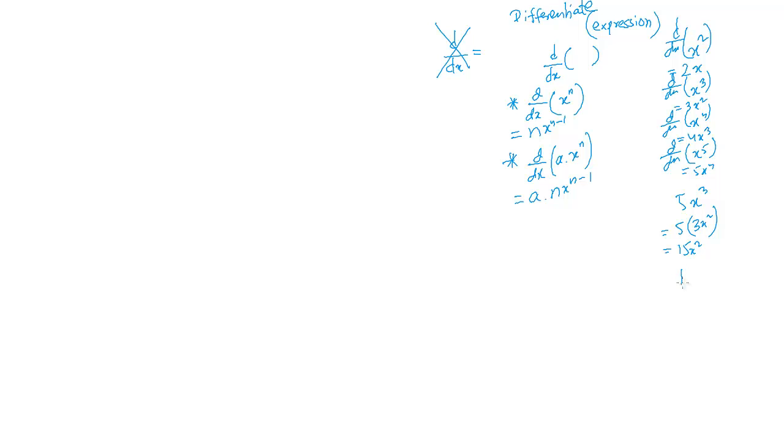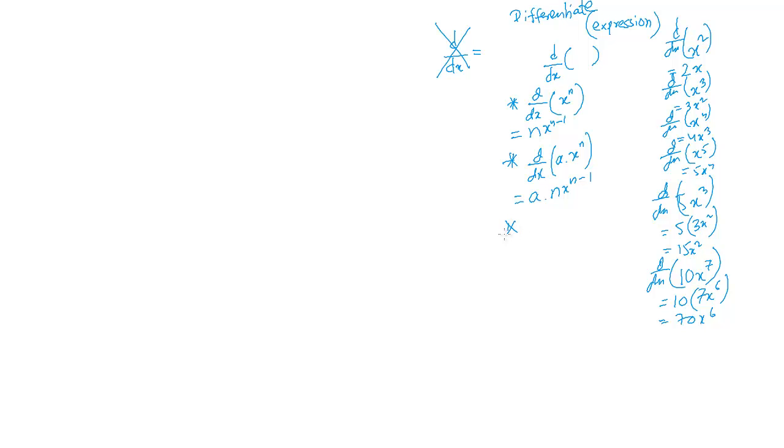Or if you want to find the derivative of 10x to the power 7, you keep the constant multiplied with the derivative of x to the power 7, which is 7x to the power 6. We get 70x to the power 6. Remember, this is wrong unless we write d by dx of this. So that's how it works.